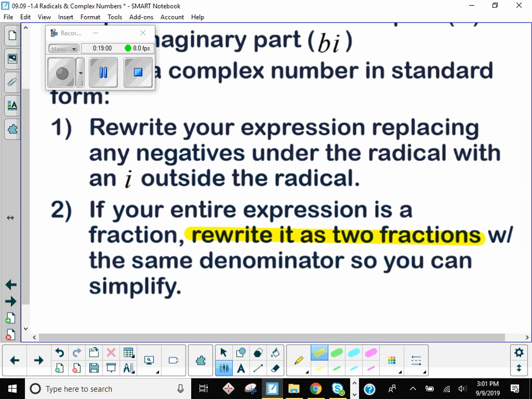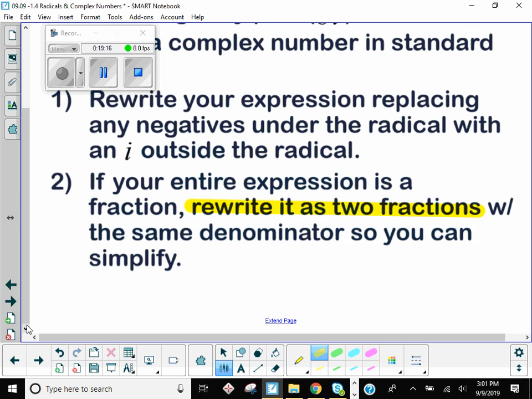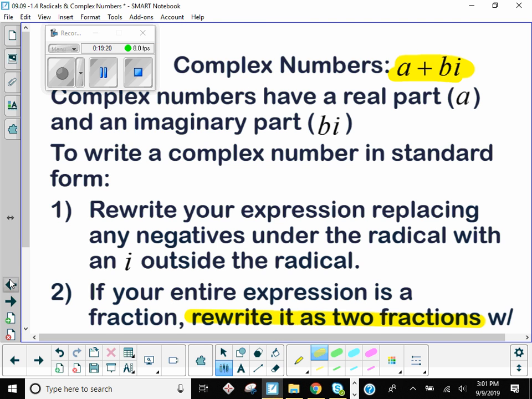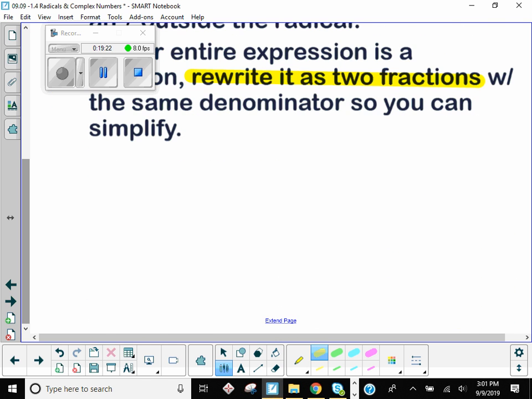So going back to the I will statement right here, 5 plus rad negative 250 over 10, this is what that step 2 is talking about. Okay? If your entire expression is a fraction, rewrite it as 2. And I'm going to show you what that means in sort of a baby example. Just so you know where I'm coming from here.